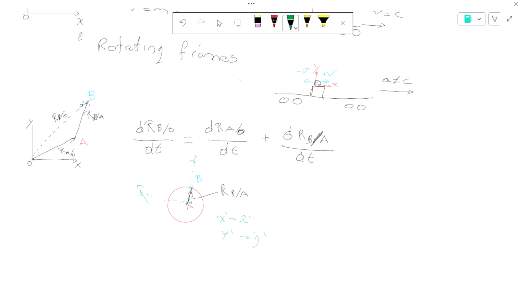And let's assume that this orbit is moving with the velocity of A, right? We can do that better.